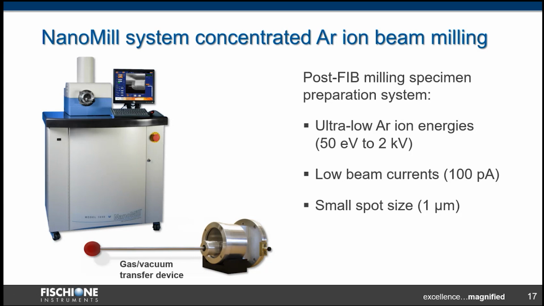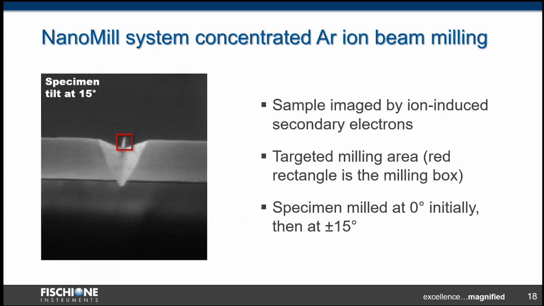So higher current will make your beam much wider, and you will then get the beam everywhere on your sample. As you can see here, the wide broad ion beam will mill everywhere on that holder plus the sample itself.